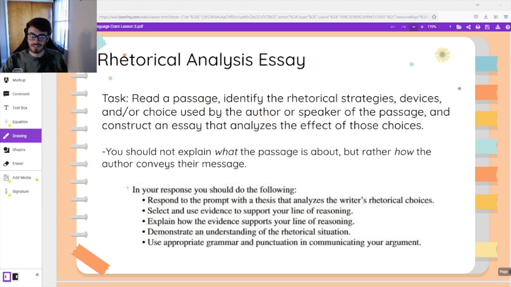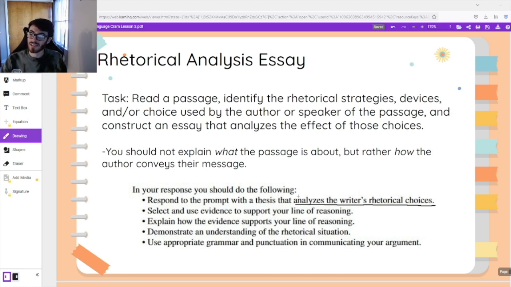So here's an example of what the prompt will look like, or at least the last part of the prompt. It tells you to do some specific things. It says your response should respond to the prompt with a thesis that analyzes the writer's rhetorical choices. So obviously respond to the prompt, thesis, that's something that's familiar to us. Analyzes the writer's rhetorical choices is important here, right?